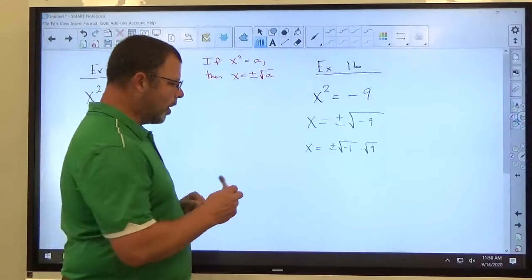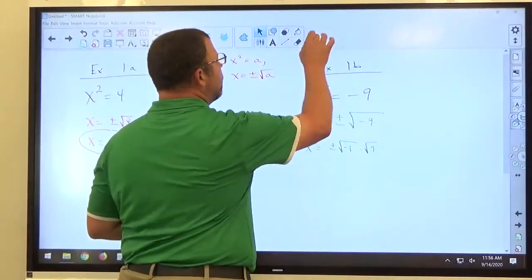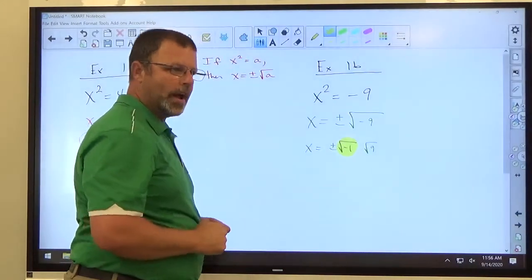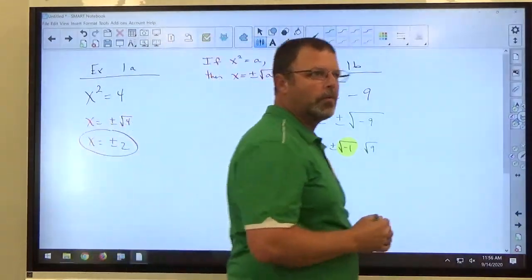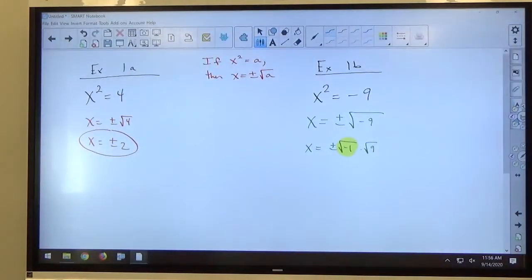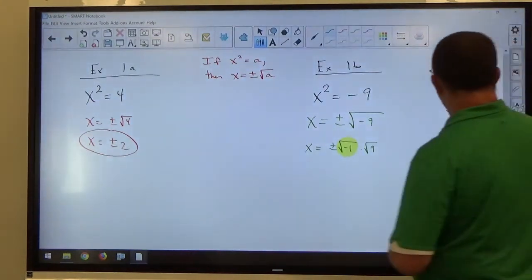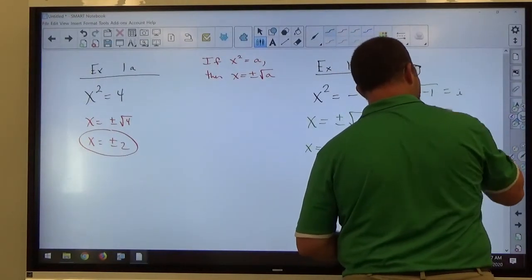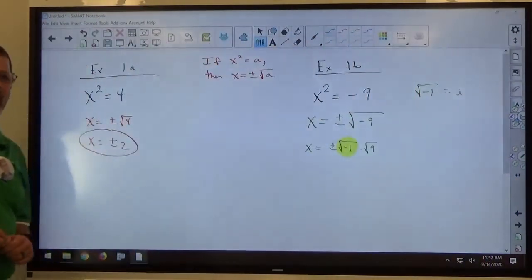3. So the only issue with this whole problem on the board is this square root of negative 1 hanging out here, causing problems, being hard to get along with. So here's what we do with this. We invent an answer for that. The invented answer for the square root of negative 1 is the lowercase cursively written i.